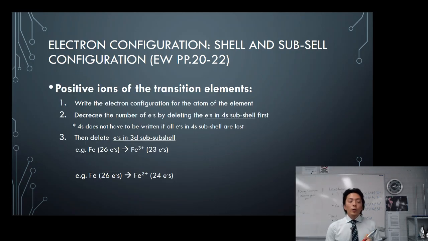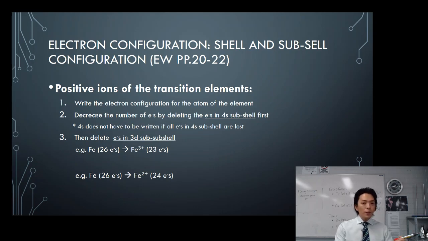So if you're writing the electron configuration of ions of the transition metals, especially with subshell notations, firstly, you should write the electron configuration of the atom itself, then decrease the number of electrons by deleting electrons in the 4s subshell first.